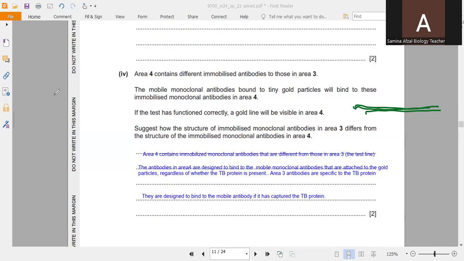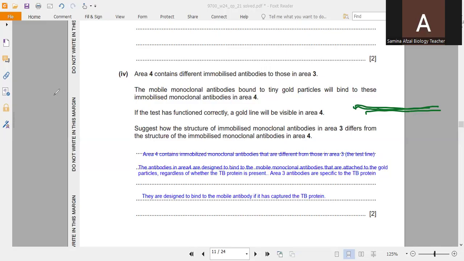The purpose of the control line is that it serves as a check to ensure the test is working correctly. It confirms that the fluid is flowing properly through the test strip and reaching all areas, moving from the test area towards the other areas.